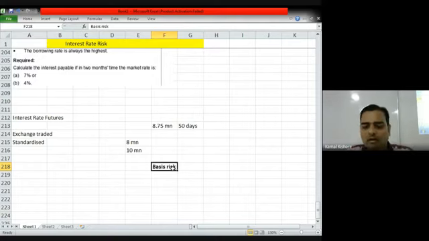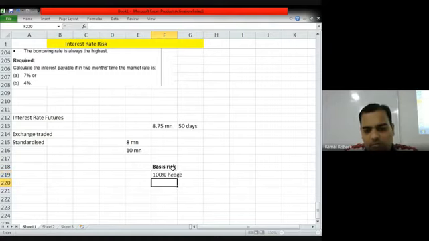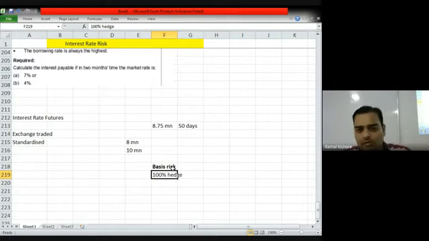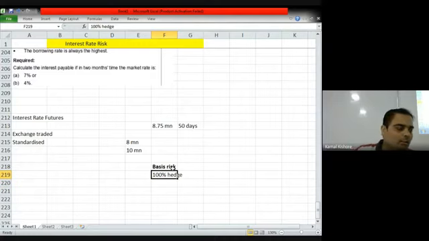Where you're not having a 100% hedge. You're not covering 100% properly. I'm not able to cover fully or properly.